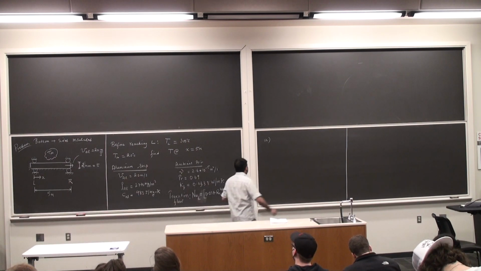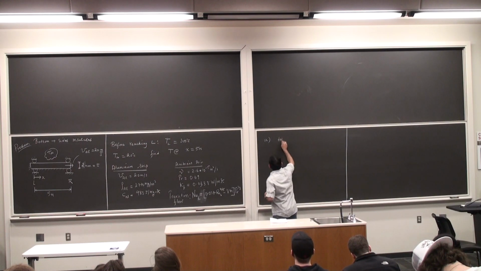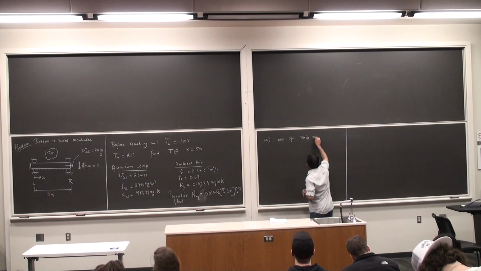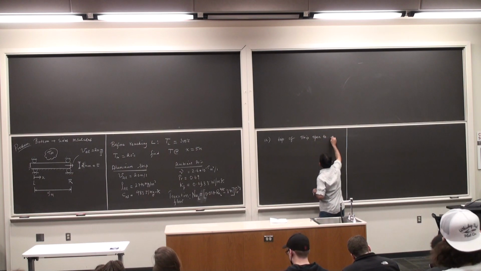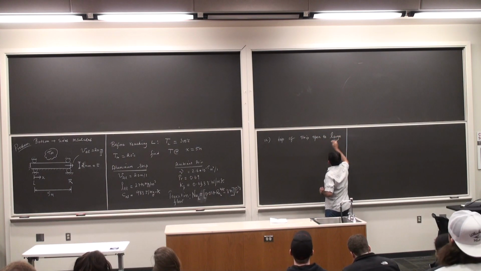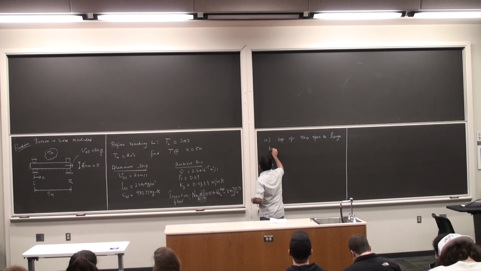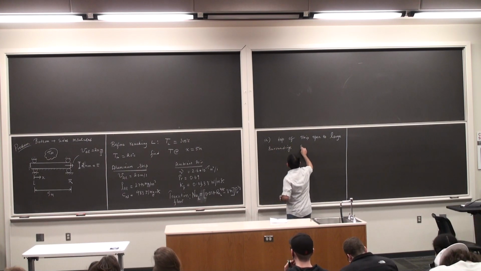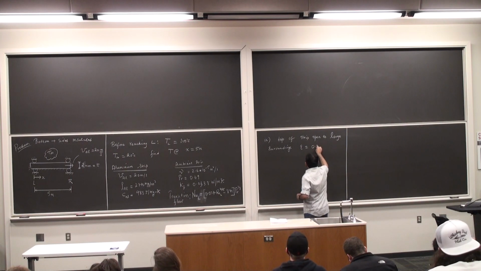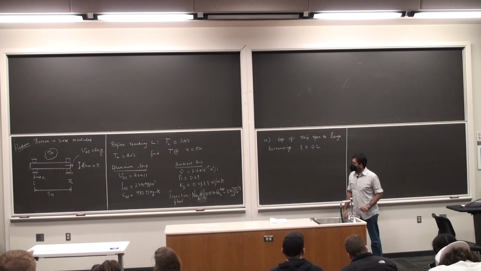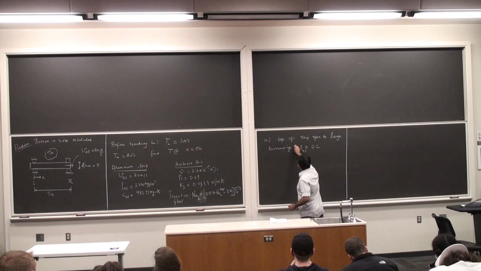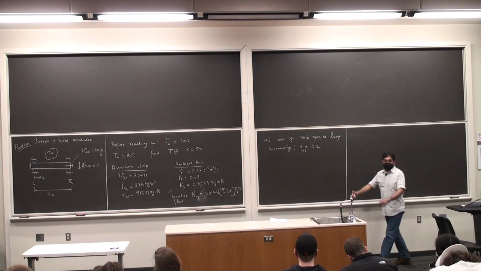In the first situation, the top of the strip is open to large surroundings, and the emissivity of the strip is 0.2. This is for the aluminum strip.